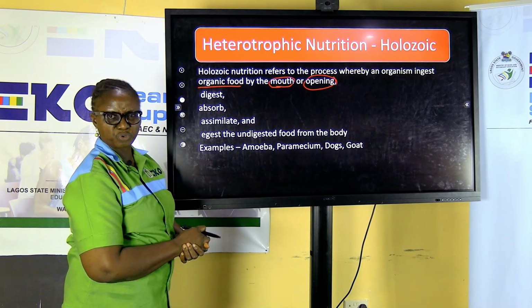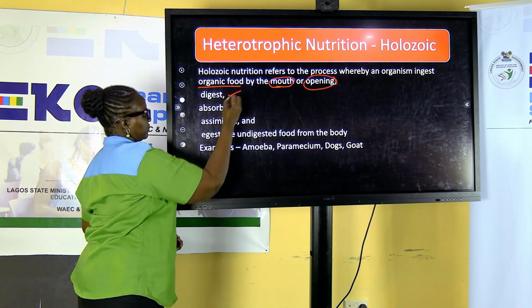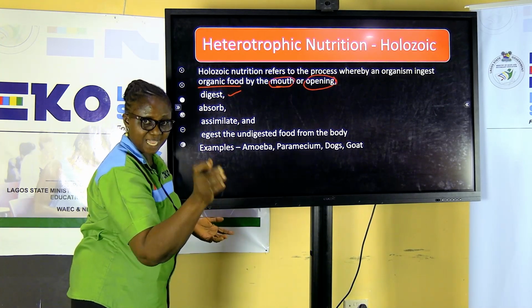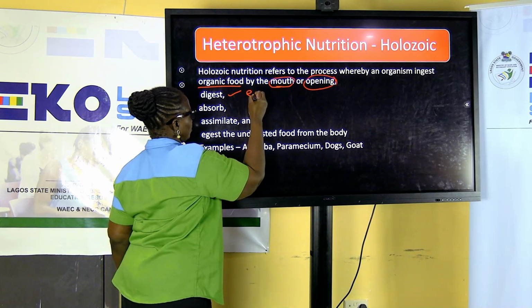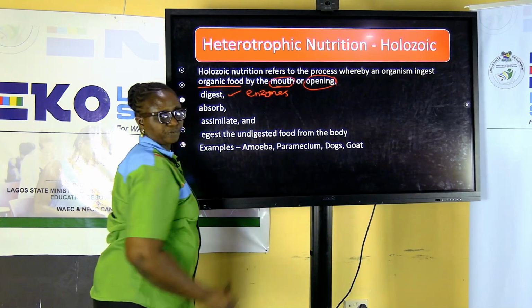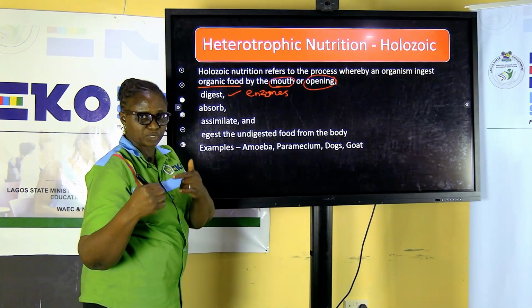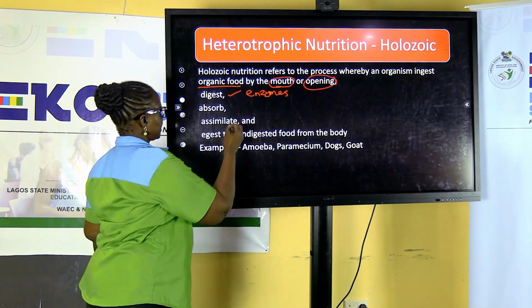So what do they do? Holozoic. When they obtain the food, it will be digested. Enzymes are required here to break down the food substances. The complex food substances are broken down into simple substances.